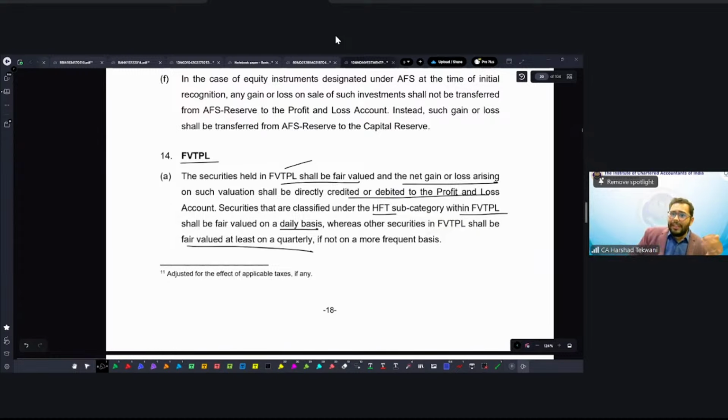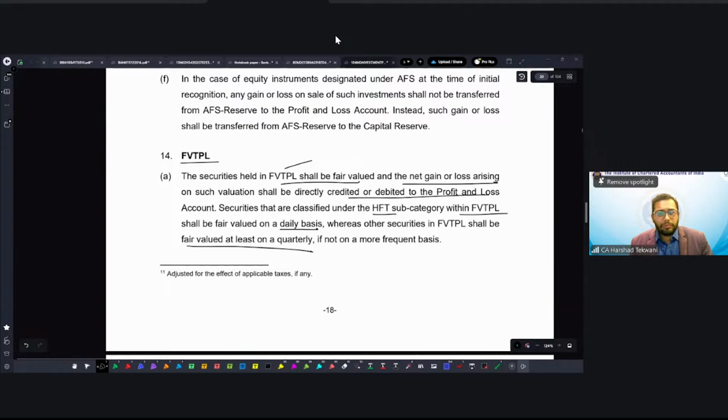Now, what if there is a reclassification between the categories? Do you think it is allowed? For a particular quarter, I classified a security as held for trading, or held to maturity, and then suddenly I classified it as available for sale. Yes, sir.